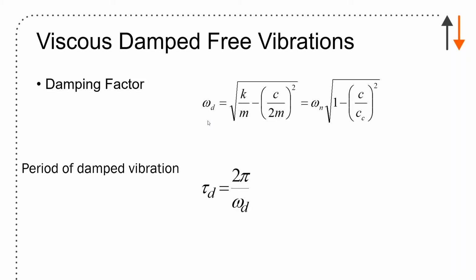So you have a damping factor, and that relates to omega d right here. You also have the period of the damped vibration, which is 2 pi over omega d, which is very similar to tau, which you already calculated, which was 2 pi over omega n.